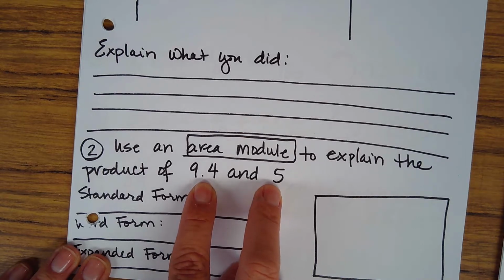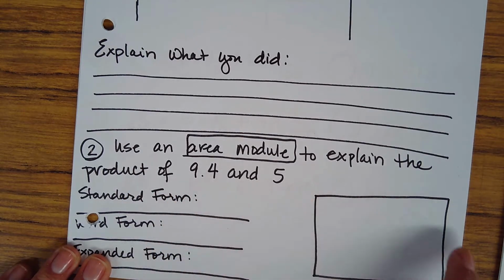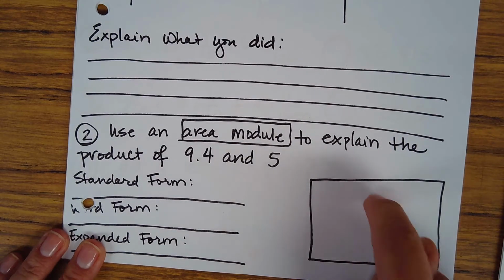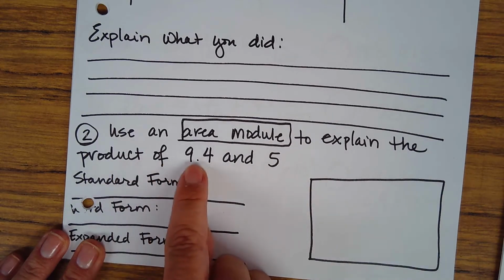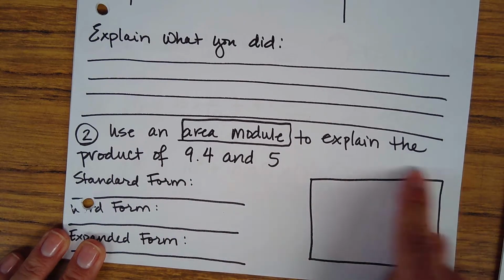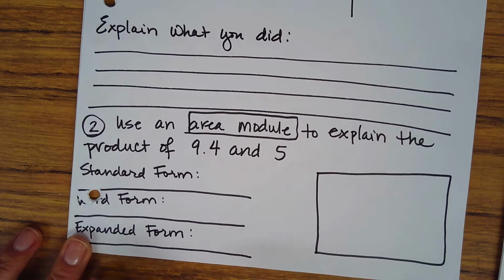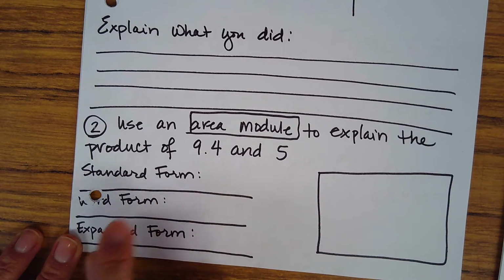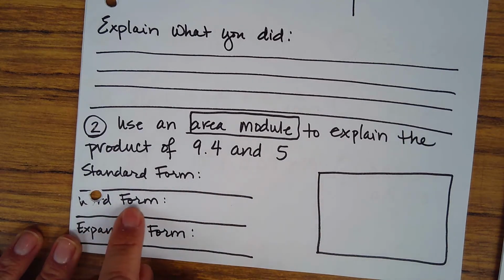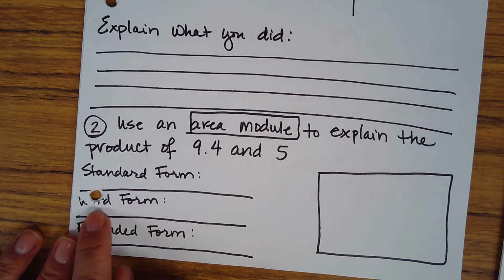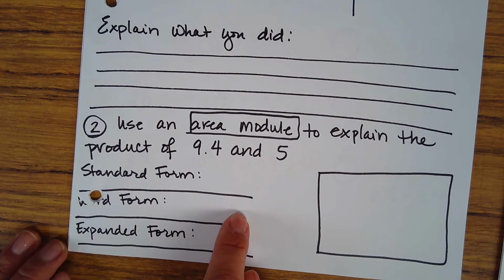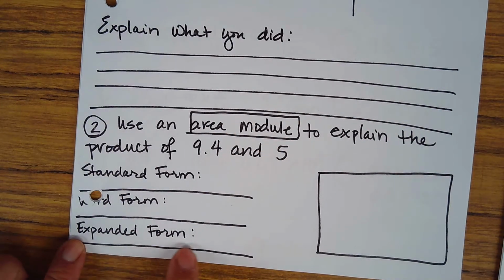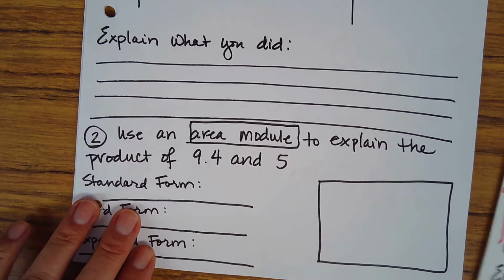You have to solve the product of 9.4 and 5 using this box. Then you need to write the answer in standard form. Remember, that's just the numbers. Then you need to write it in word form. That means you have to write the same number out in words. Then expanded form, you're pulling the number out and you're showing me all the place values. So this is what it's going to look like.